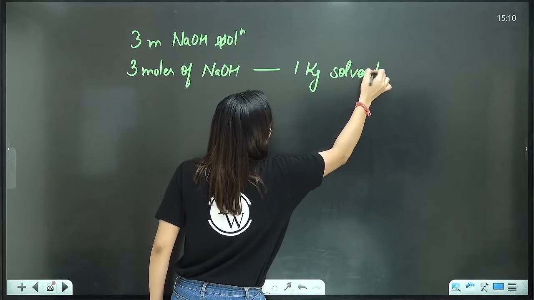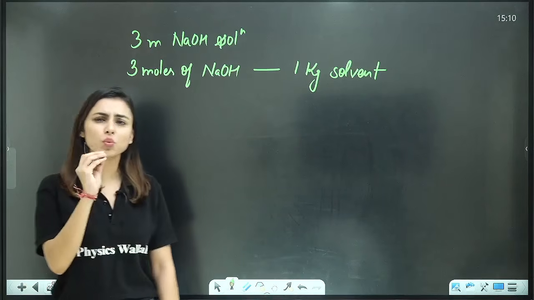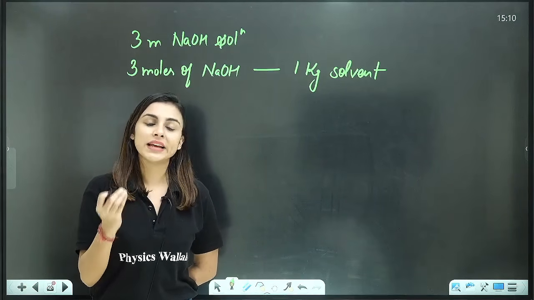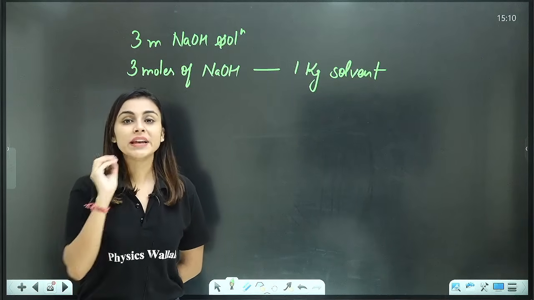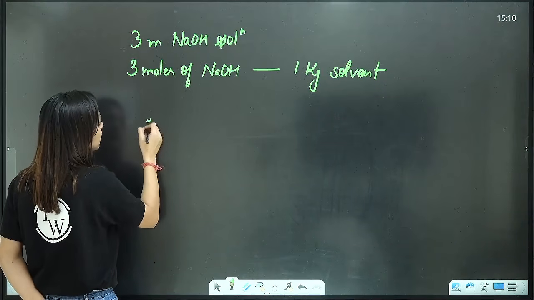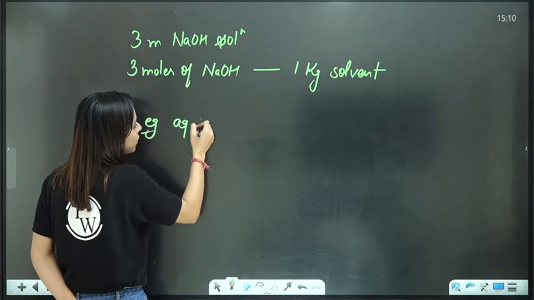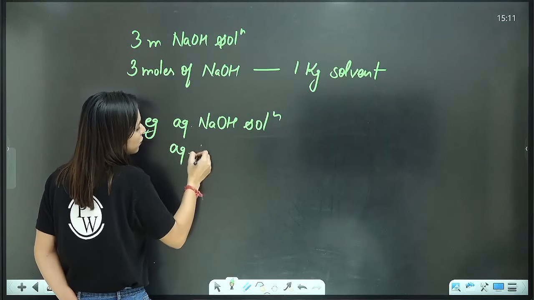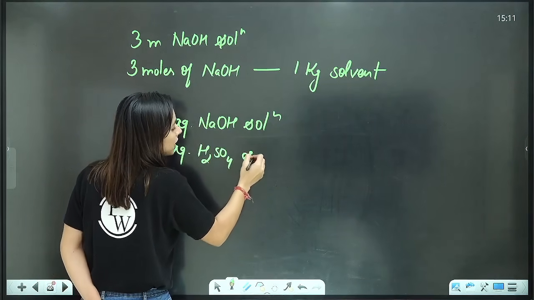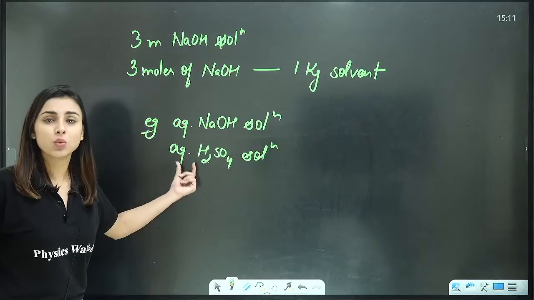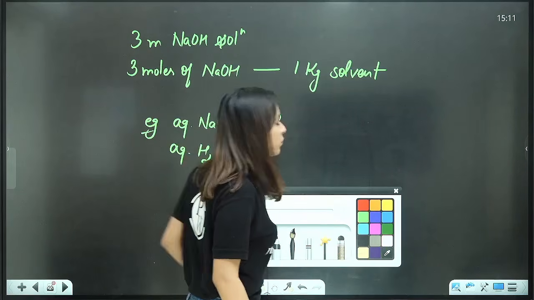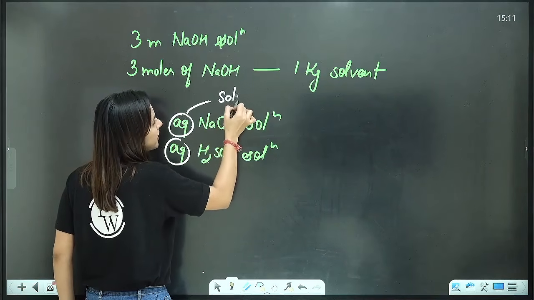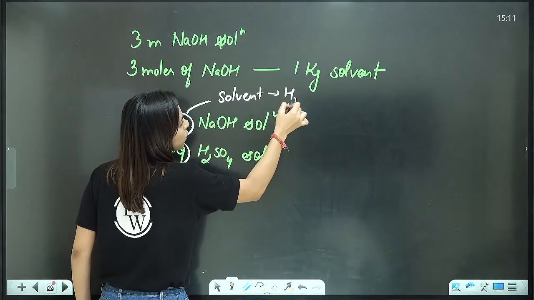Now, my dear students, here I want to tell you one more very minute and very important expression which will help you in solving many questions. Whenever you are given, for example, aqueous NaOH solution, or aqueous H2SO4 solution, any type of aqueous solution, this aqueous represents that your solvent is water.